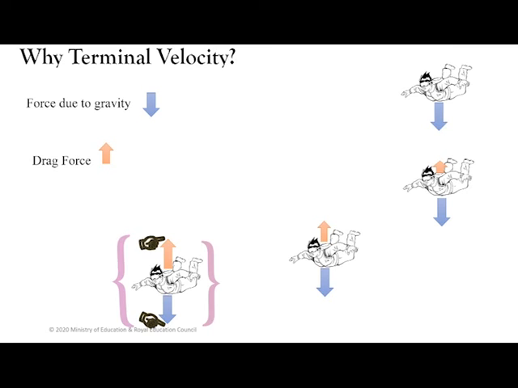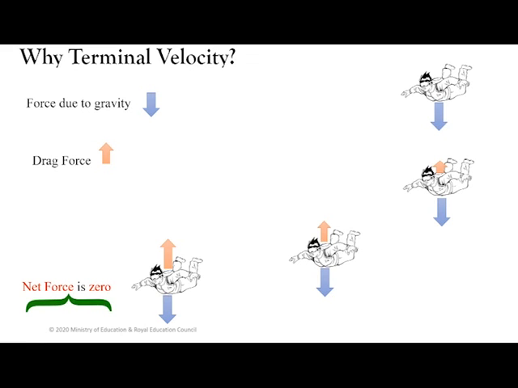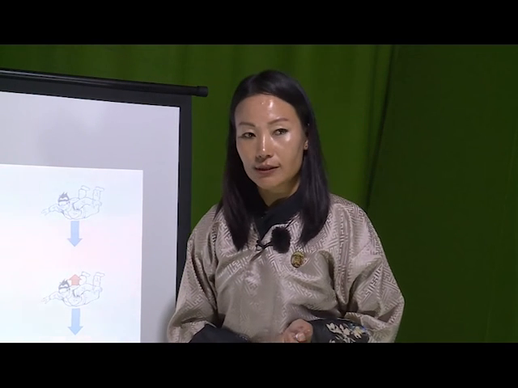And here, if you find the net force, then the net force is equal to 0. So students, please remember that at this stage, when the two forces are equal, when the net force becomes 0, the body reaches a constant velocity called terminal velocity.